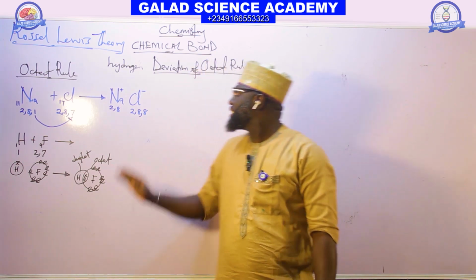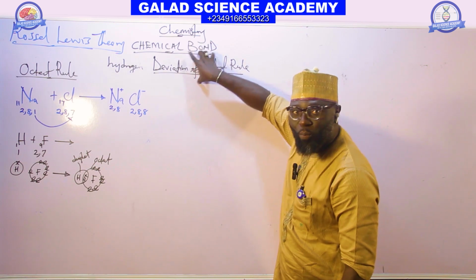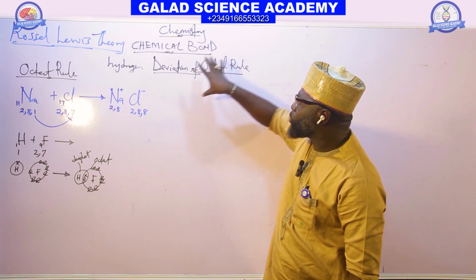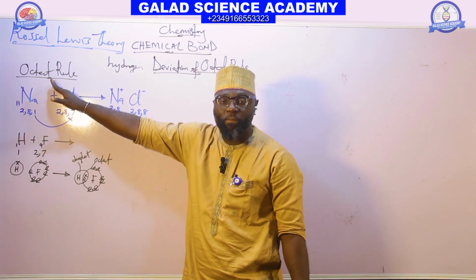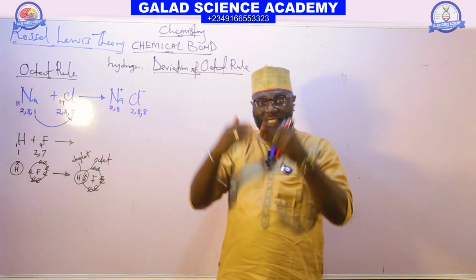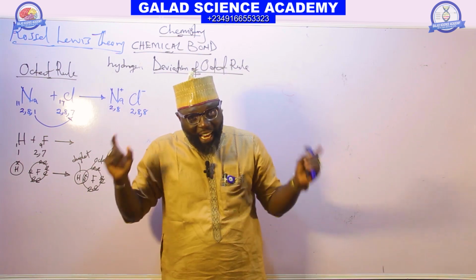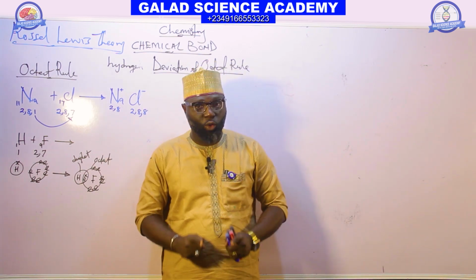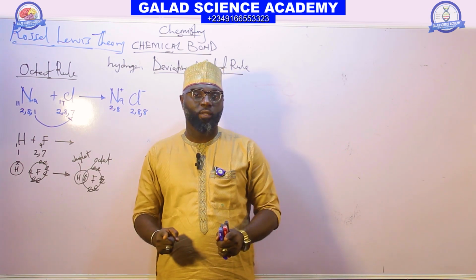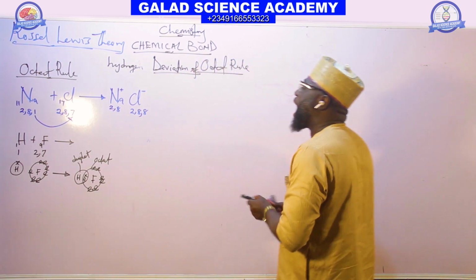So this deviation means there are some molecules that disobey the octet rule after bonding. They don't have 8 electrons in their atomic shell, and they don't have 2 electrons in their atomic shell.